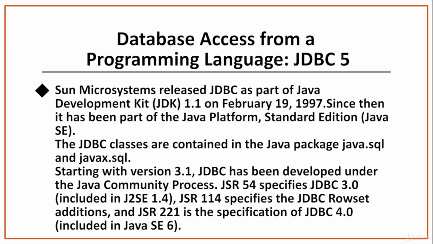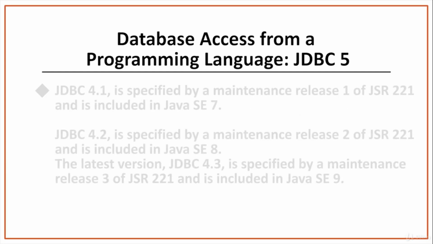JSR 54 specifies JDBC 3.0, included in J2SE 1.4. JSR 114 specifies the JDBC RowSet additions, and JSR 221 is the specification of JDBC 4.0, included in Java SE 6.